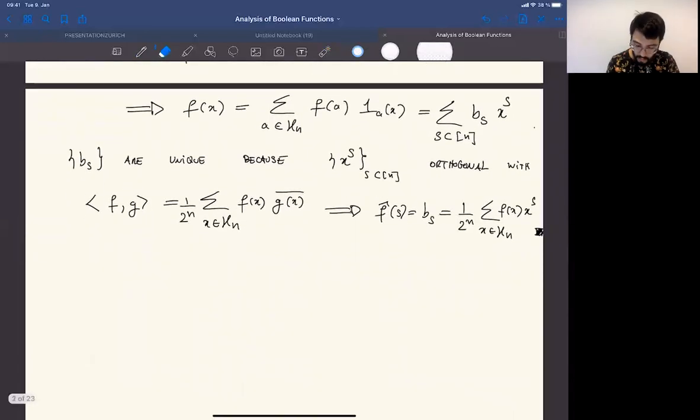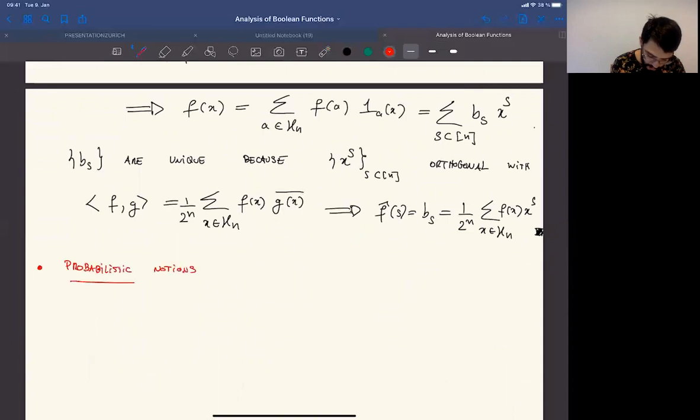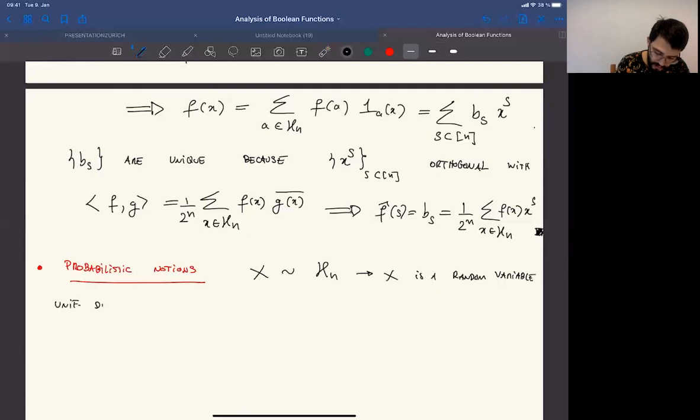Let me just introduce some probabilistic notions. So I will always write X like this to denote that X is a random variable uniformly distributed in H_n.